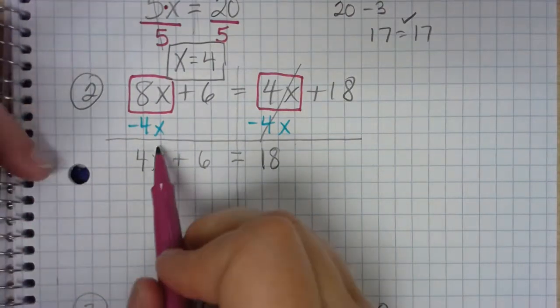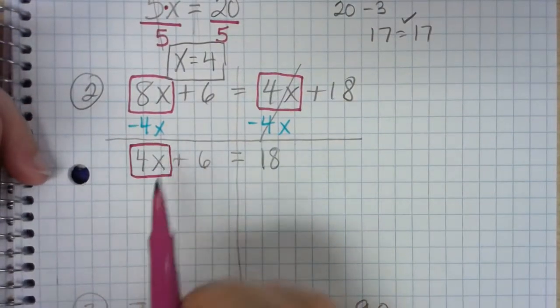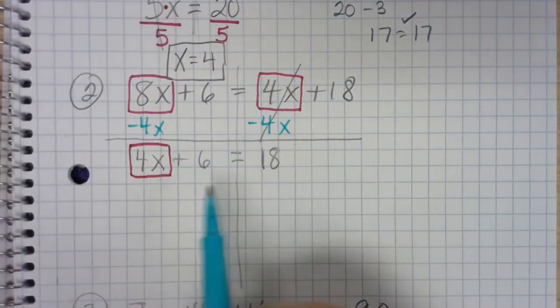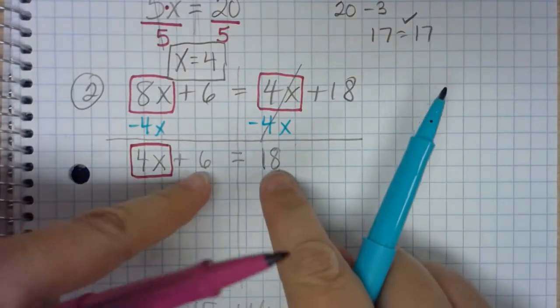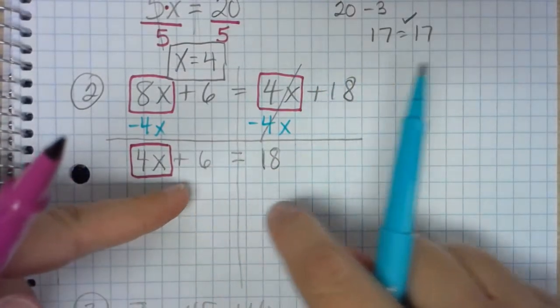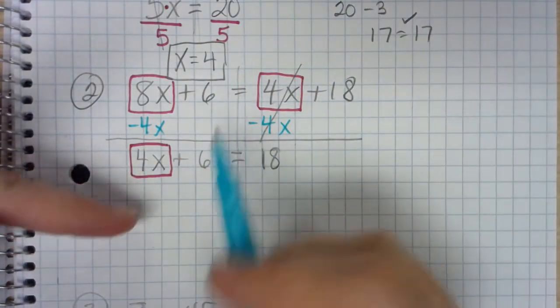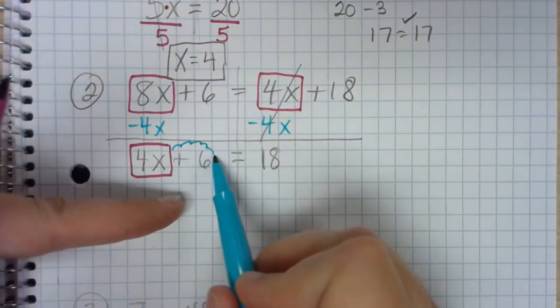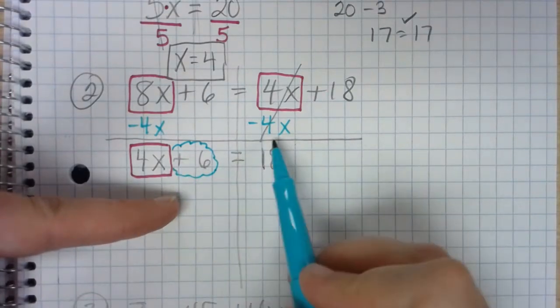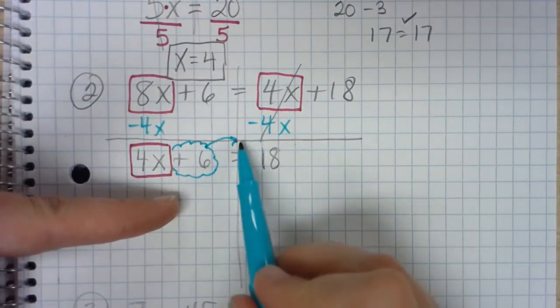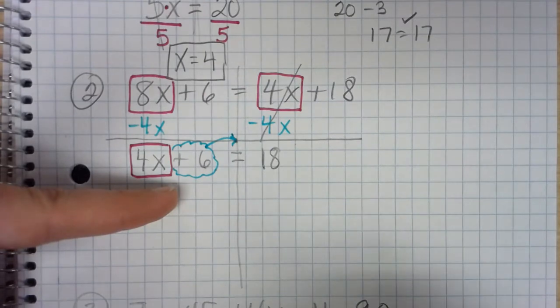Okay. So now here's my variable term. There's only one of them now. So I'm going to get my other numbers, whatever I have left, together on the other side. So variables on one side, numbers to the other side. So I'm going to move this positive 6 over to the other side. So what's the opposite of positive 6?